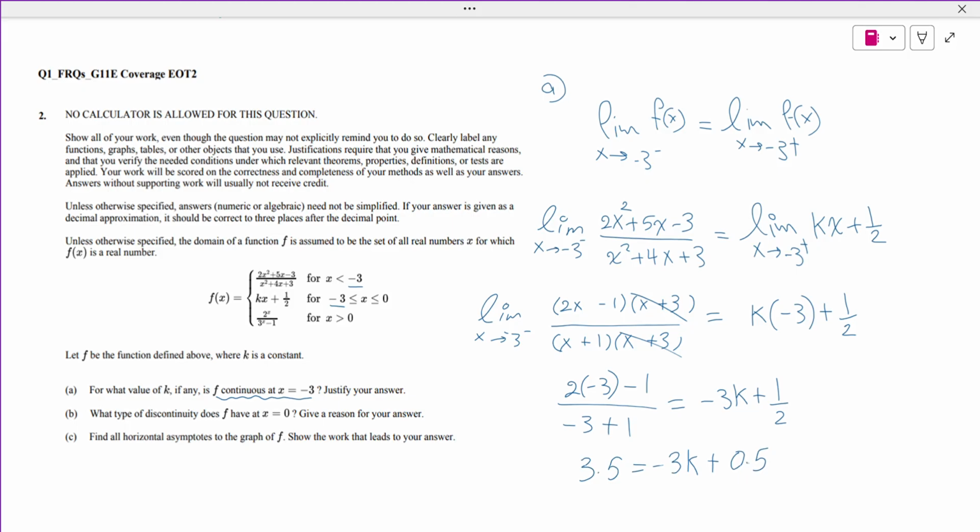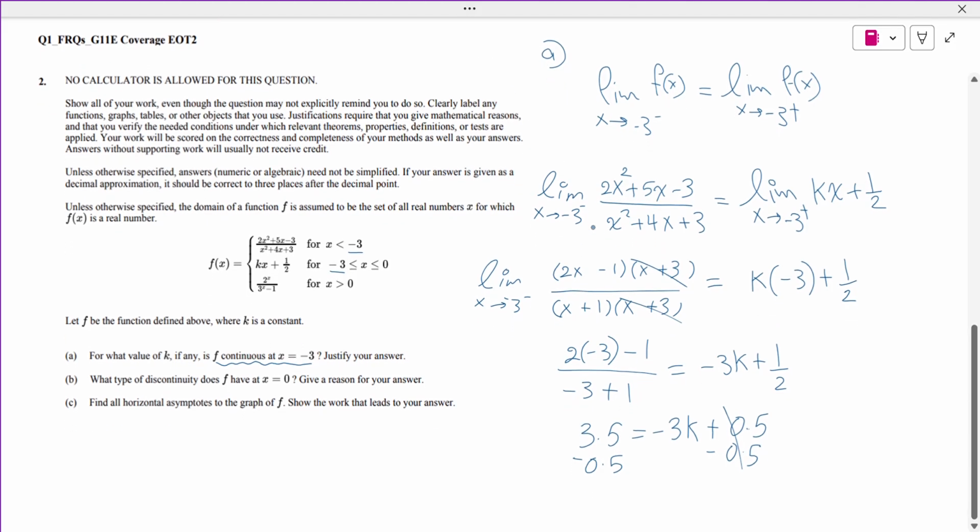So we can just subtract 0.5 from both sides, and that means 3.5 minus 0.5, which is 3, equals minus 3k. That means k equals minus 1. So the value of k is negative 1.